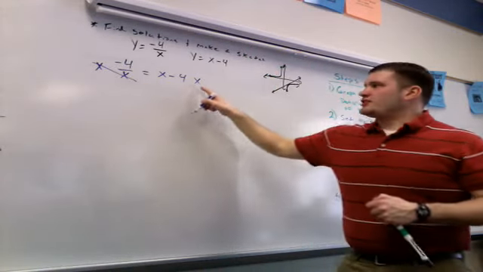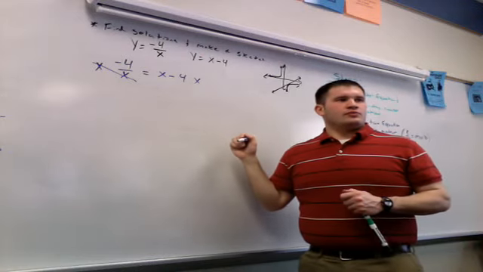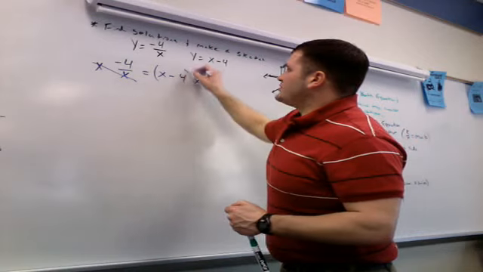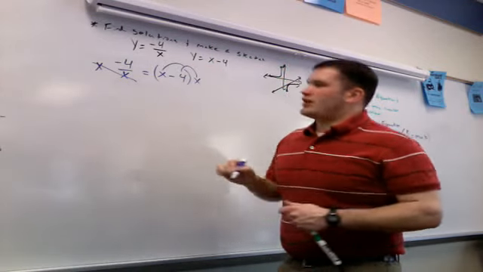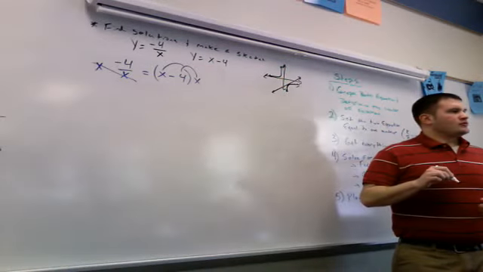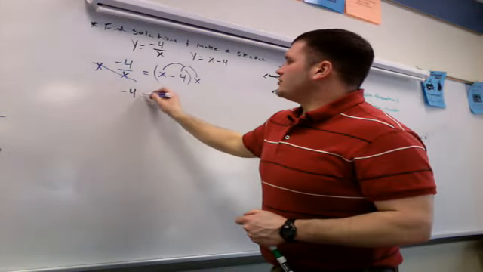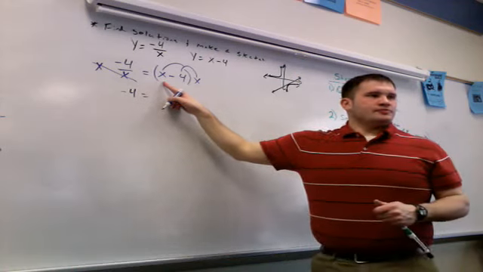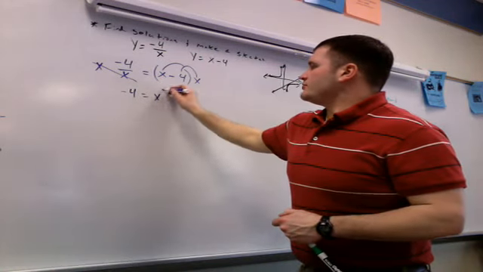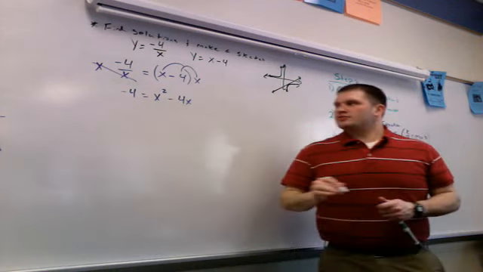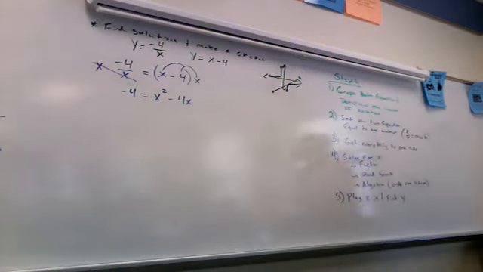Now this over here, do I just multiply by one of them or both of them? Both. So it's like I have parentheses around x minus 4 and I'm distributing, right? So this side ends up with negative 4. What does this become? x squared minus 4x. So negative 4 equals x squared minus 4x.